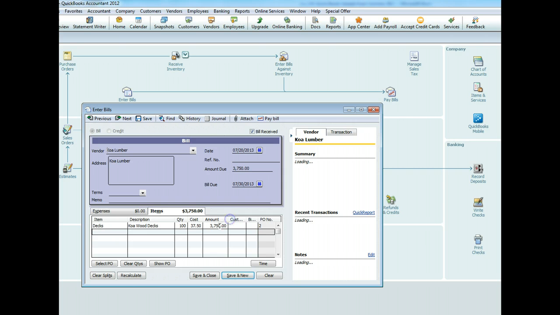And we know we have $3,750, but there's an extra $250 for the shipping. So I changed that to $4,000. Okay, there we go. The terms are due and payable on receipt. Okay. This is Koa Lumber. Alright, 4,000, everything's fine. 20th.